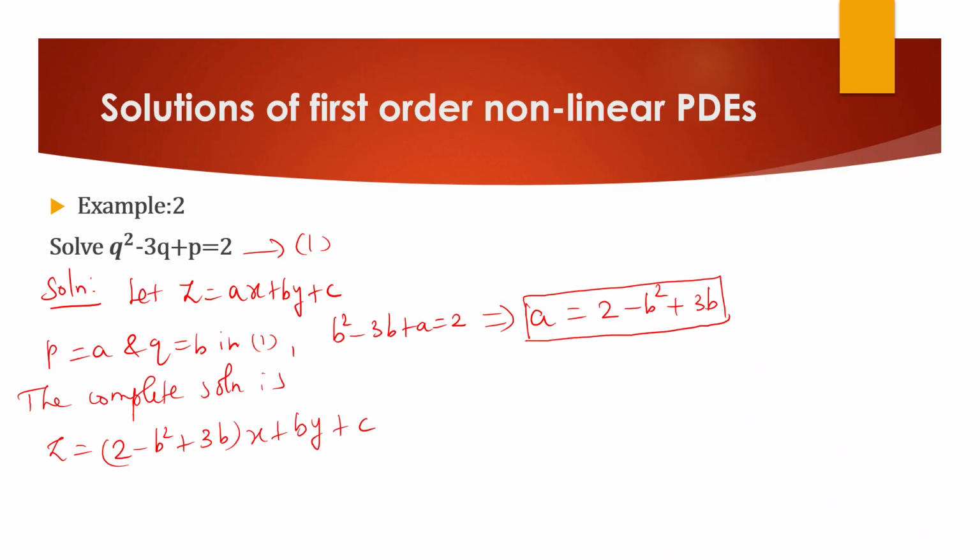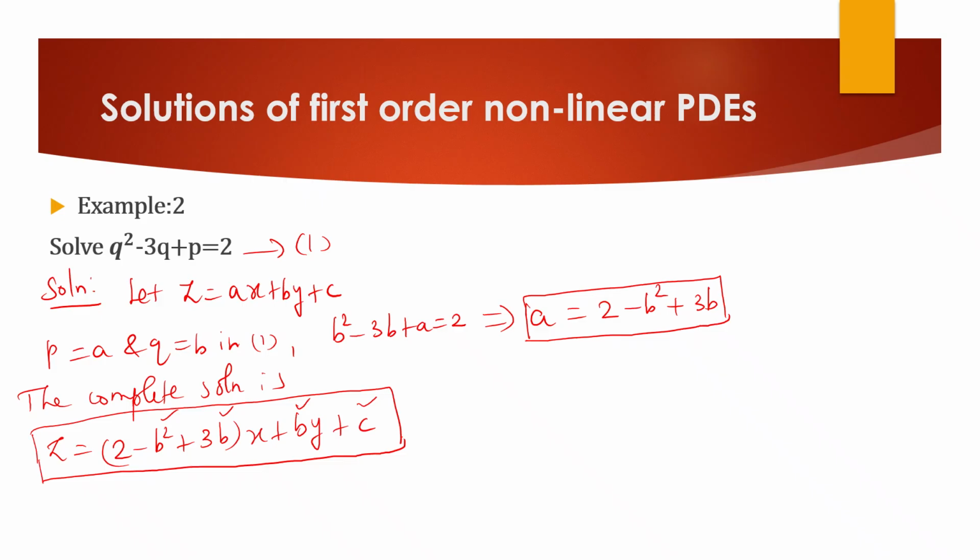So this solution involves only two arbitrary constants, b and c. So now the solution is complete, because the number of independent variables are x and y. So we have two independent variables as well as two arbitrary constants here, that are b and c. So we can say the solution is complete now.